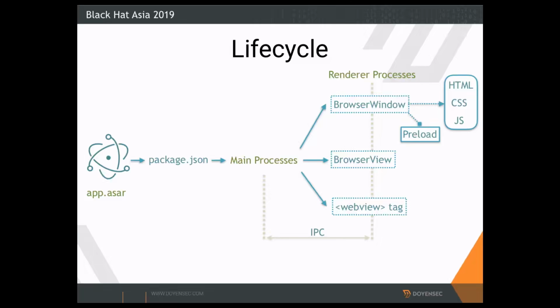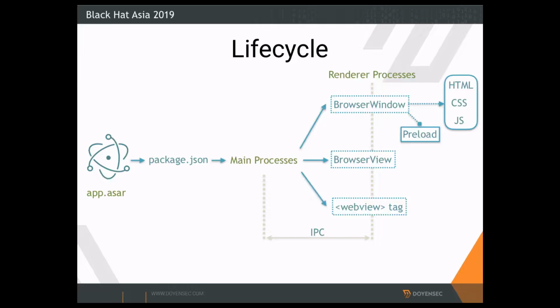And the way Electron works is by inspecting those packages, looking for a package.json manifest file, which will determine the main process, the first process that's executed by the framework. And when you build the main process, as a developer, you're supposed to create a render process, processes that will actually contain the web content.